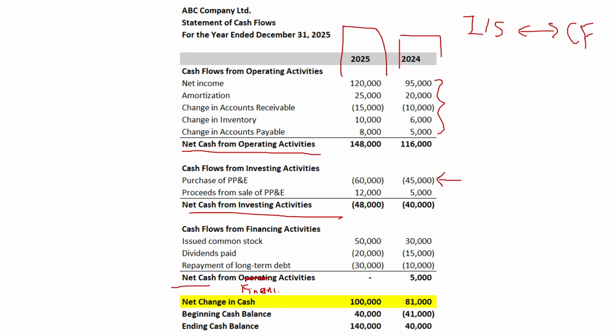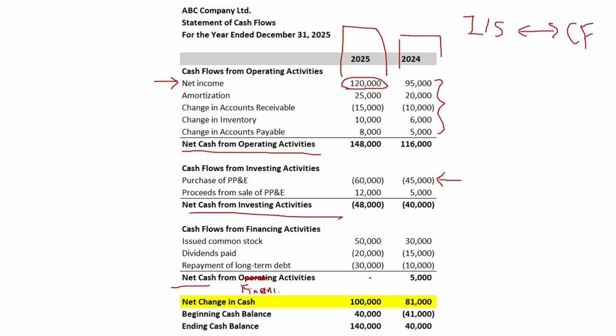So we start at a very common place, net income, 120,000. That's actually going to be the money that, well, I wouldn't say that's the money that flows into the company. The reason why they start in the operating activities from net income is because that's the starting point.